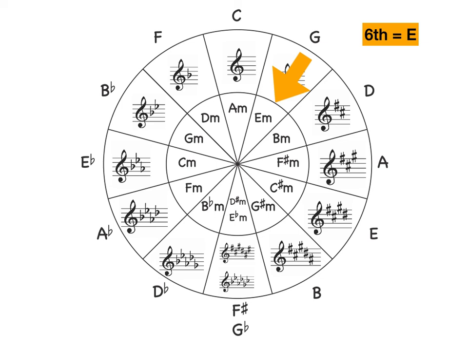The sixth note of G major is E, meaning the relative minor of G major is E minor. The sixth note of D major is B, meaning the relative minor is B minor. And the sixth note of A major is F sharp, meaning the relative minor of A major is F sharp minor.